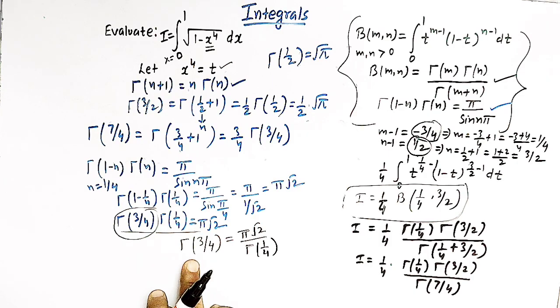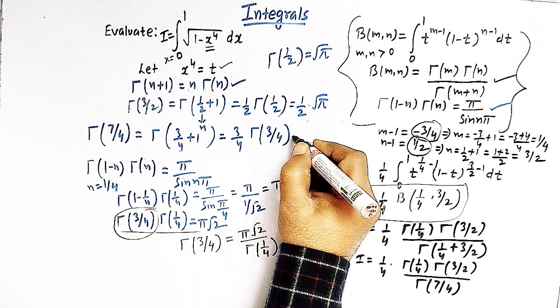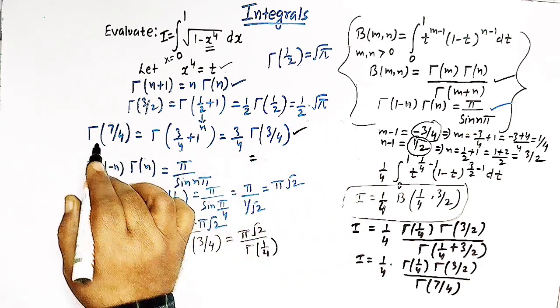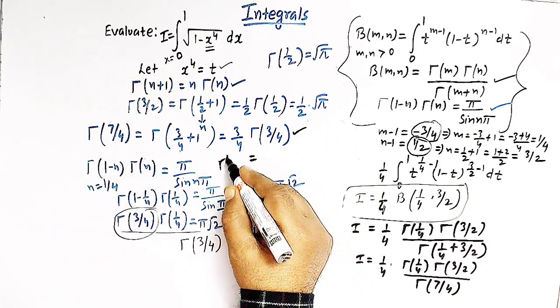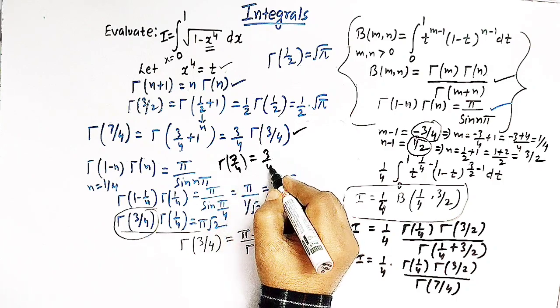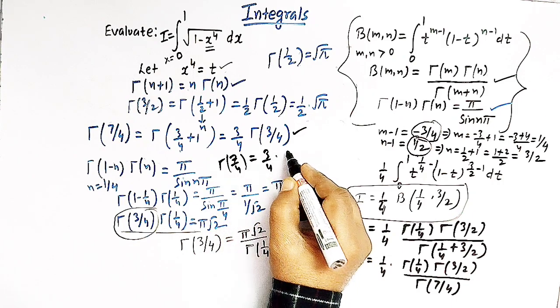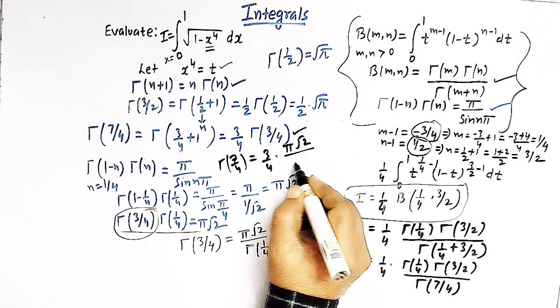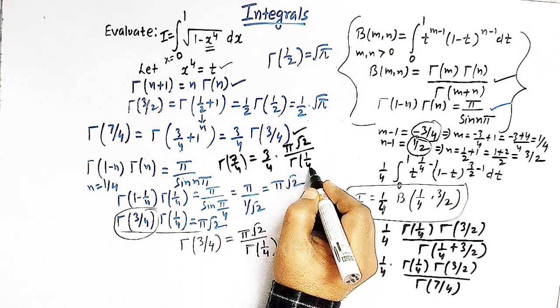So now substituting the value of gamma 3 by 4 in this relation, we have here the value of gamma 7 by 4 as 3 by 4 times pi root 2 divided by gamma 1 over 4.